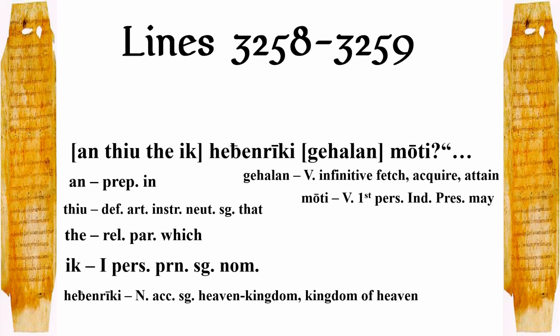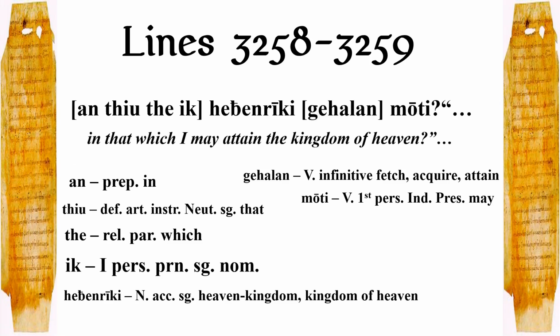So with all this together: in that which I may attain the kingdom of heaven. So it's a question. This whole sentence is a question. And heavenrike could be translated literally as heaven kingdom or kingdom of heaven. So in a nice present English translation, I would go with kingdom of heaven.